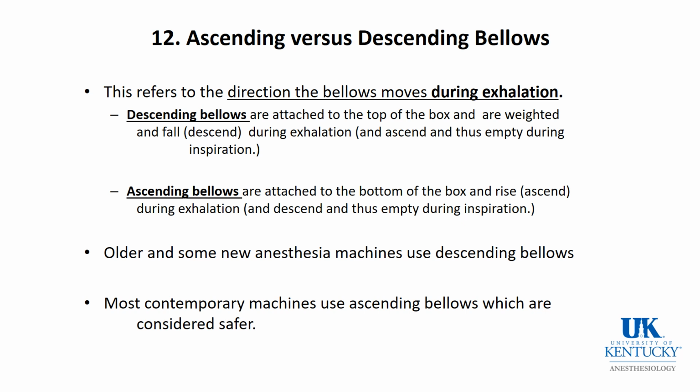The bellows is attached to the bottom of the box. It ascends during exhalation and descends during inspiration. The older machines used descending bellows. Most of the newer machines used ascending bellows, although apparently some machines were using the other.